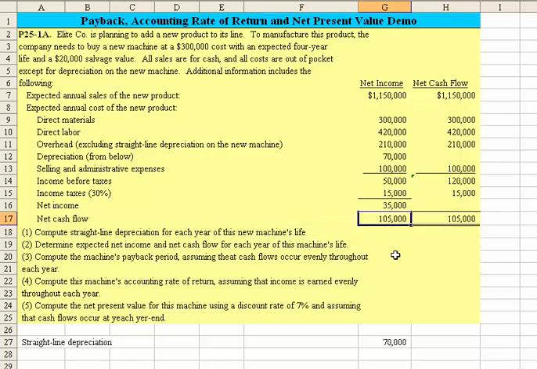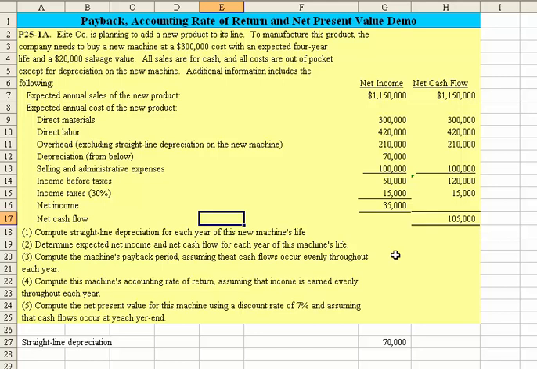So let me erase that for now, but I wanted to point that out. That takes care of determining the net income and the net cash flow for each year of the machine's life. And it would be the same because we're expecting the same kind of annual sales in each period.